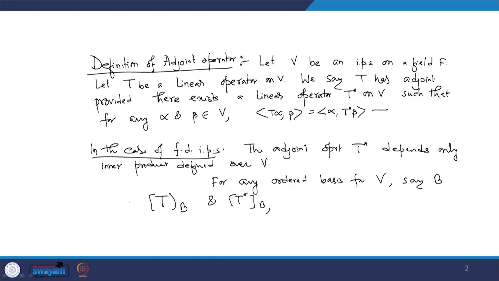Suppose they are A1 and A2; then the relation between A1 and A2 is not straightforward.